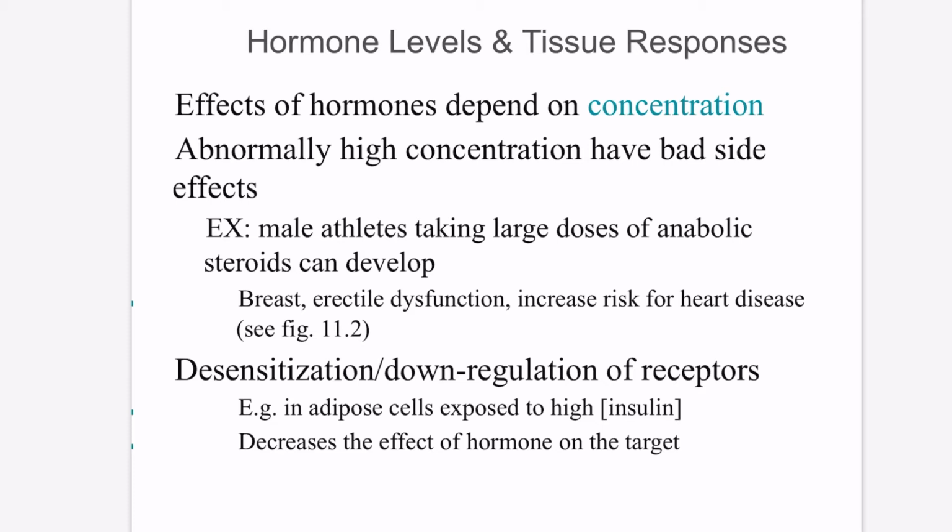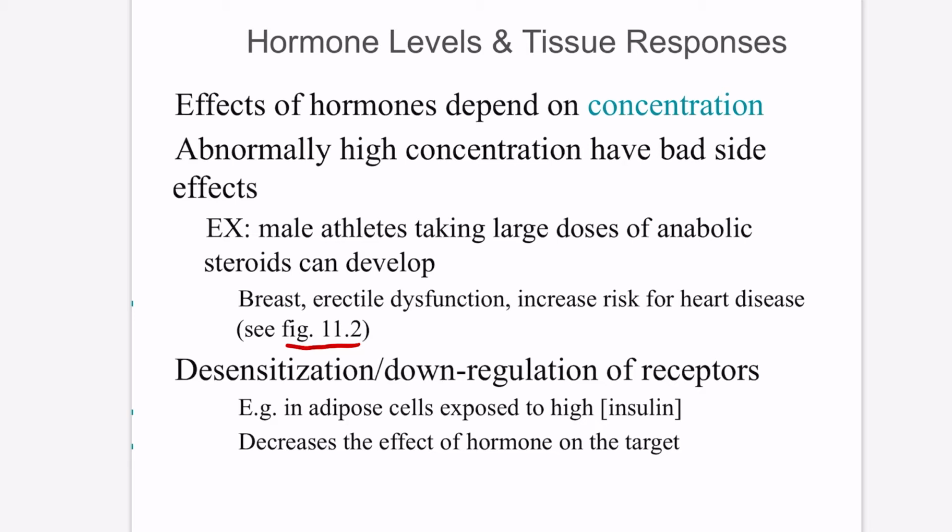An example of this is when male athletes take large doses of anabolic steroids, and bad side effects can occur, like breast tissue, erectile dysfunction, increased risk for heart disease. So this increased dose of anabolic steroids can actually increase the amount of estrogen in the body, because remember that figure that I just showed you about how testosterone is a precursor to estradiol.